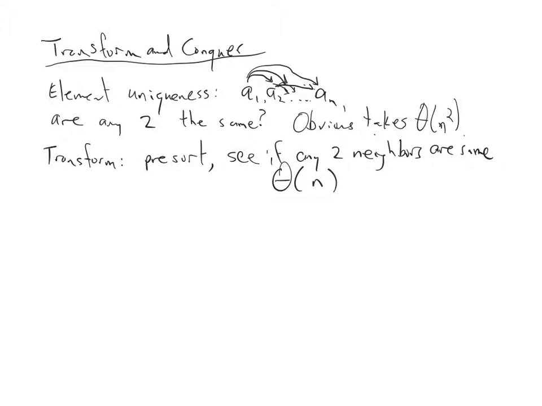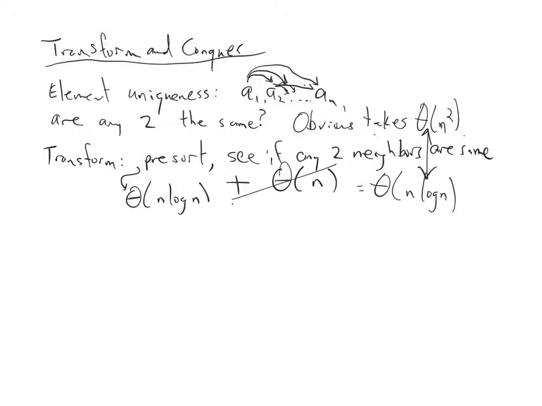So the pre-sorting becomes the hard part. All the work takes n log n if you use a decent sorting algorithm, and then you do theta of n. The theta of n work is negligible, and n log n is vastly superior for large n to the obvious algorithm. So that's one little example of this pre-sorting idea.